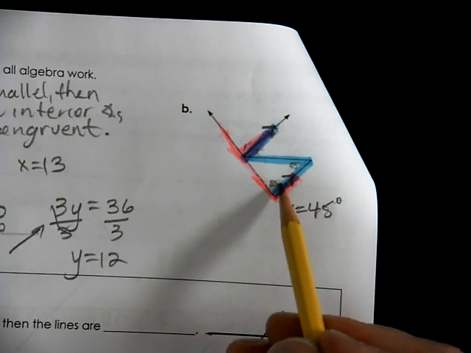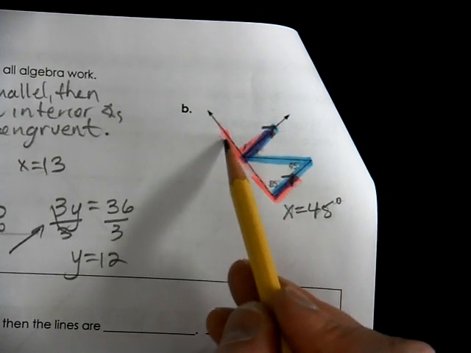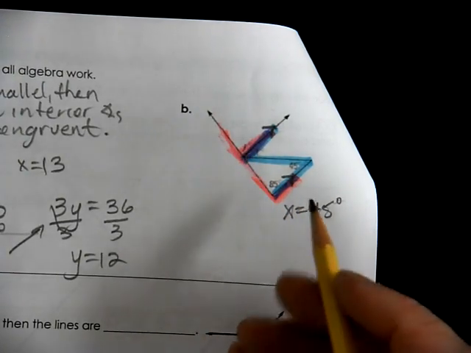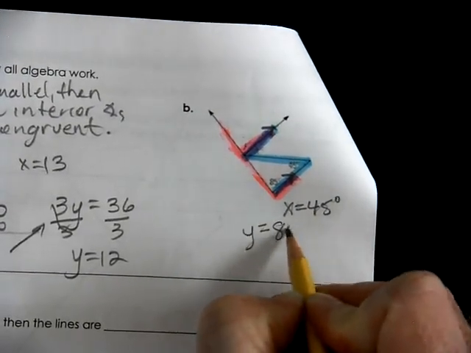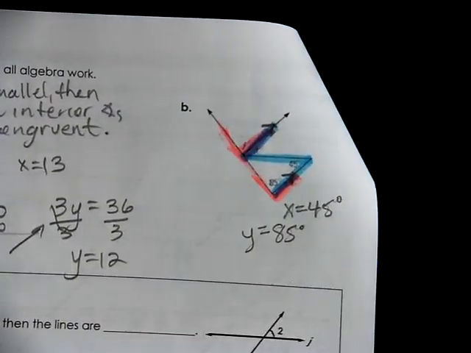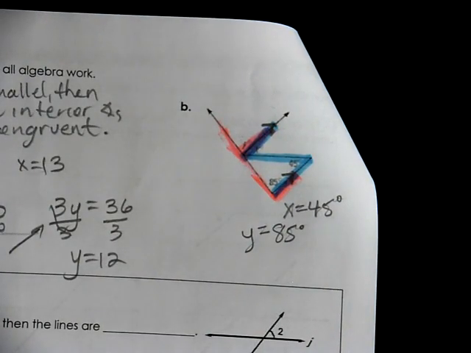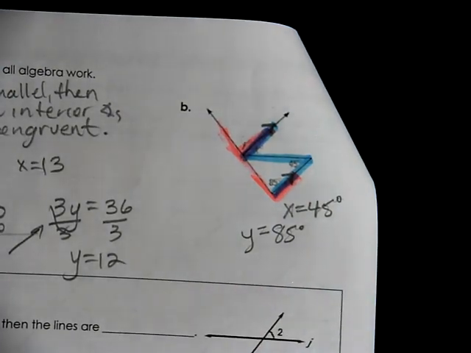They're both up and to the right of its vertex. So Y is going to be equal to 85 degrees. So sometimes puzzles are a little bit easier to work with. All depending.